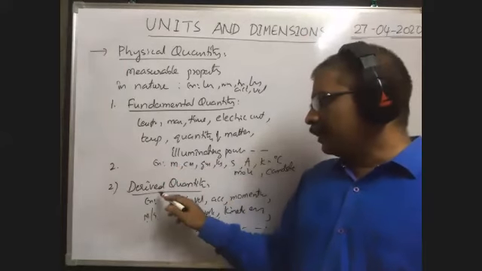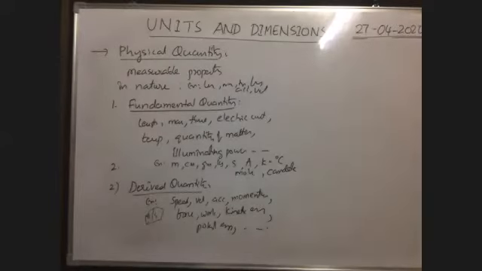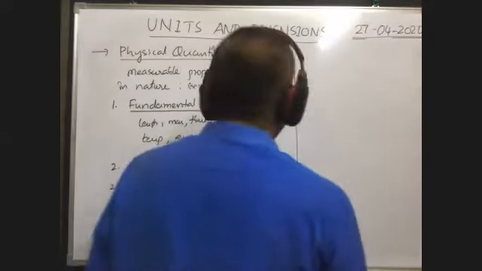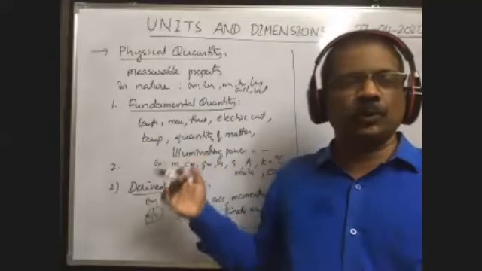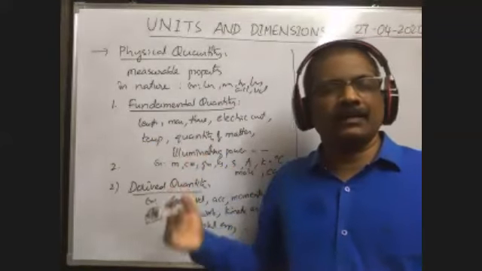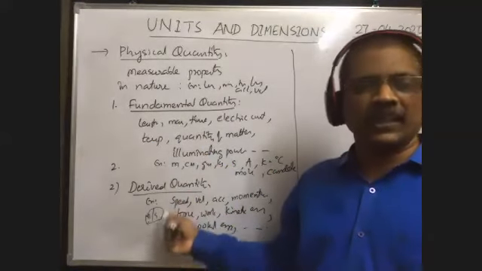That means a unit which can be derived from fundamental units is also called a derived unit. So the physical quantities are mainly classified into two types: fundamental quantities and derived quantities. The units of derived quantities are called derived units.